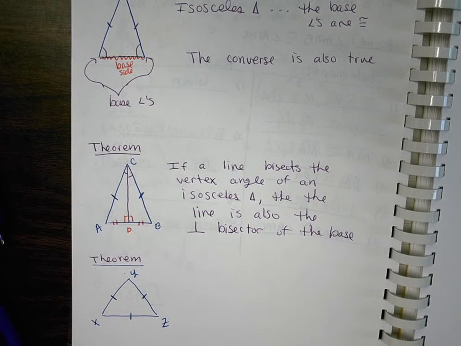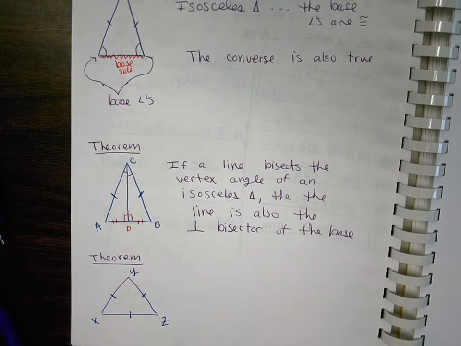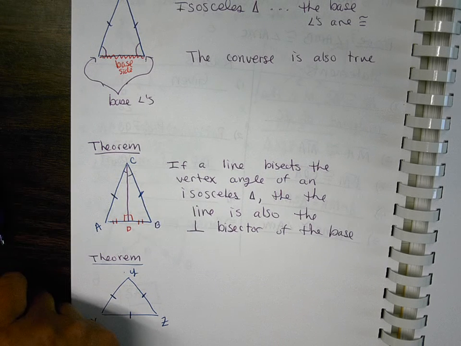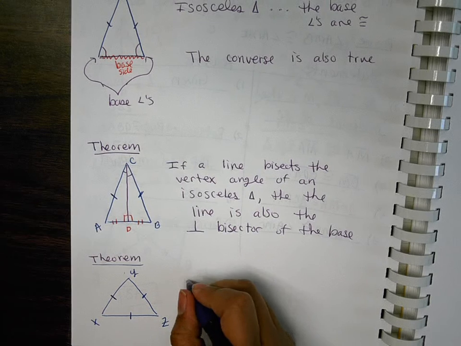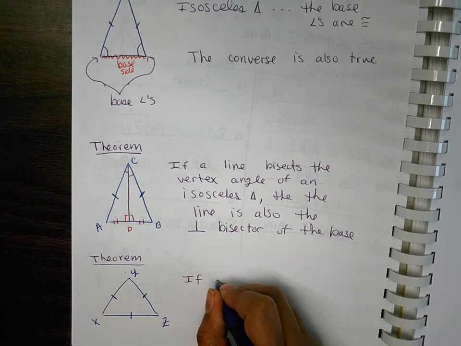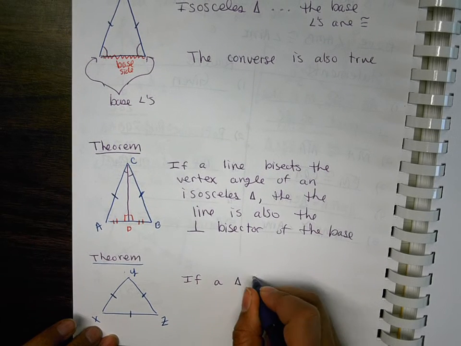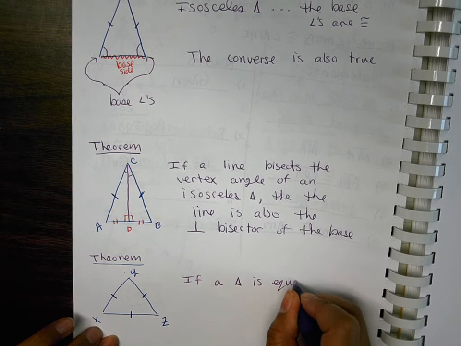What kind of triangle is that? Equilateral. And why is it equilateral? Because all the sides are the same. Everybody see that? Three congruent sides, it is equilateral. All right.